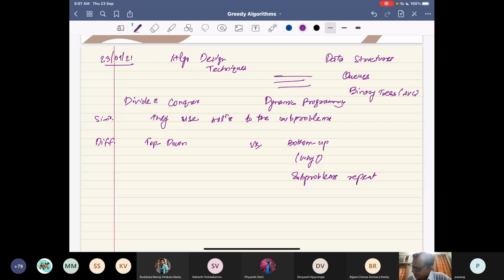That means if you want to solve them again and again, that is very inefficient. So in the bottom-up approach, you keep on recording the values. What is the solution to this problem? Let me record that once and for all. And you do it in a very systematic manner: you fill up a table in dynamic programming. So you have the subproblems that repeat but solve only once.